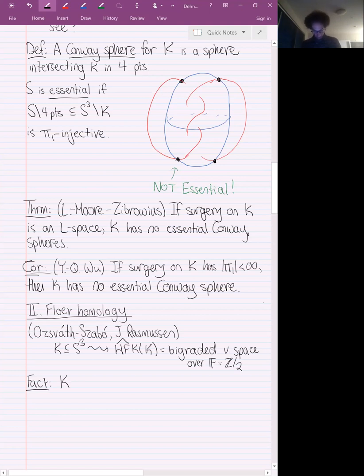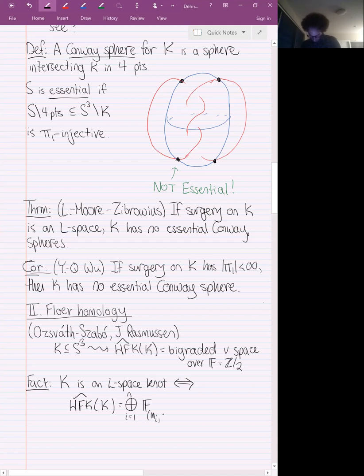We'll have the following fact: K is an L space knot, in other words, it admits a non-trivial surgery to an L space, precisely if a certain condition on the knot Floer homology is satisfied. Namely, that when we look at the knot Floer homology of K, it has the following decomposition.